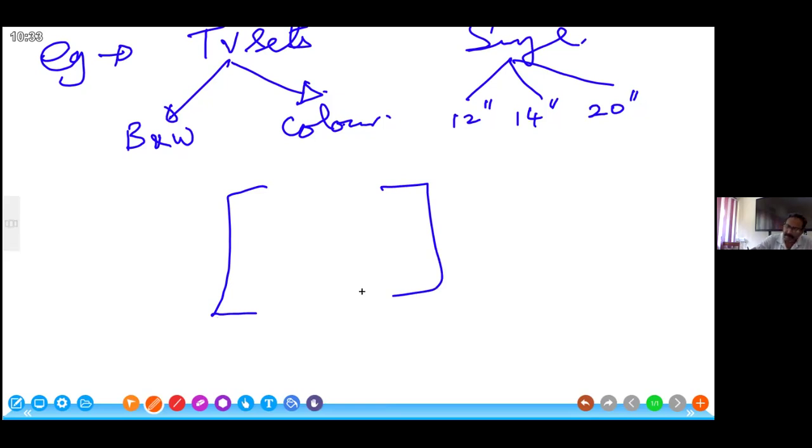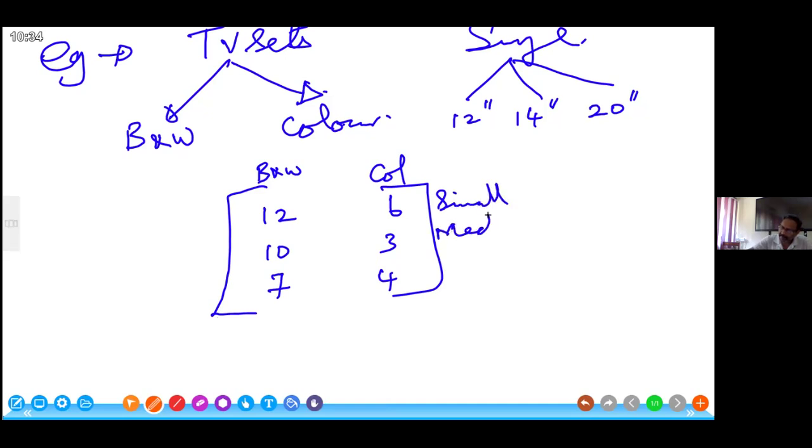For example, 12, 6, 10, 3, 7, 4. Here this is black and white. Column wise it is color, black and white and color television. Row wise, small, medium and large.